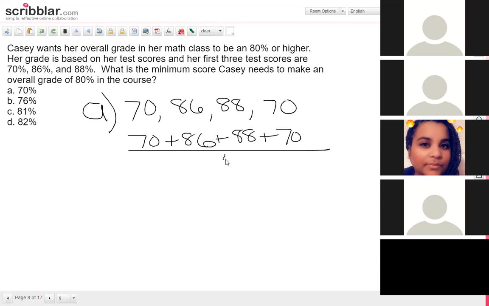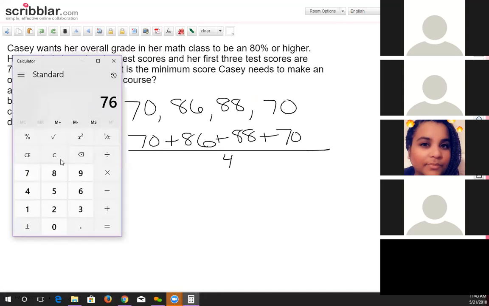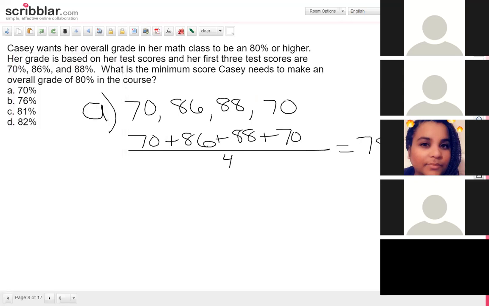We'll still divide by 4. 70 plus 86 plus 88 plus 70 is 314. Divided by 4 is 78.5. We know we wanted an average of 80, so this does not work. So it's not answer choice A.